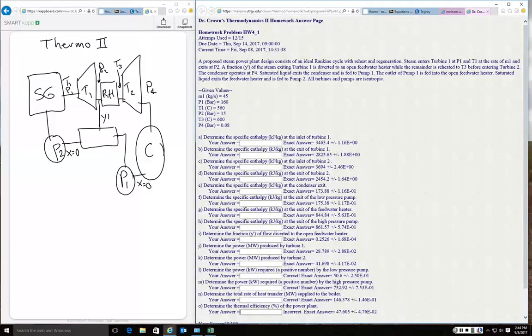And then the open feed water heater, the pressure there is going to be pressure 2 because it's fed off of the exit of turbine 1, so the exit of pump 1 has to be at that same pressure and the exit of the feed water heater at that same pressure, so at pressure 2. So there we've got our schematic.